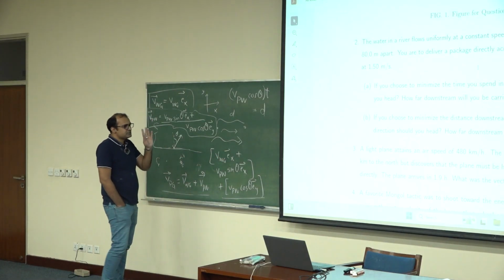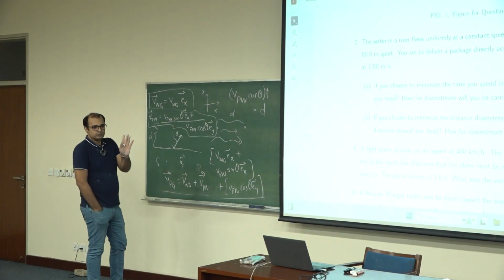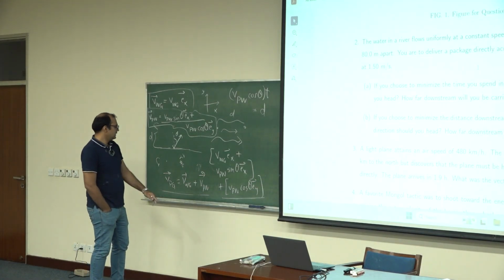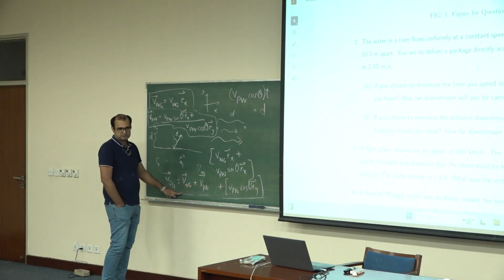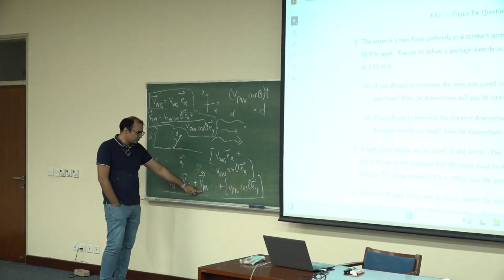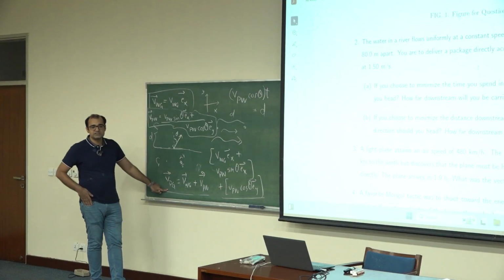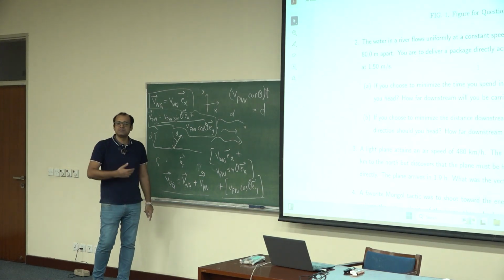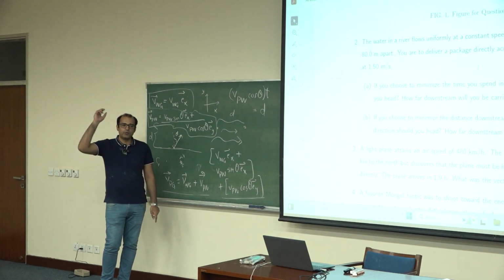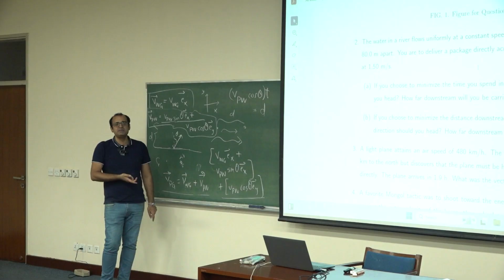Okay. The velocity of the swimmer with respect to the ground relates to these two other velocities in this way. If I know these two velocities, I immediately know the velocity of the person with respect to the ground. This is the same thing as if the car is traveling forward at a speed of 10 meters per second, I throw a ball with respect to the car at a speed of 5 meters per second.